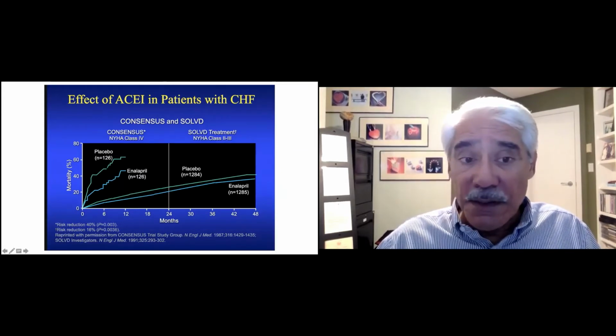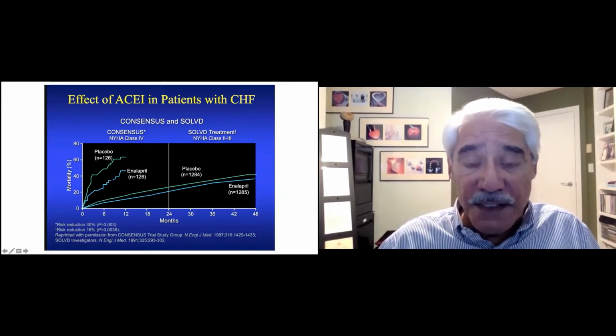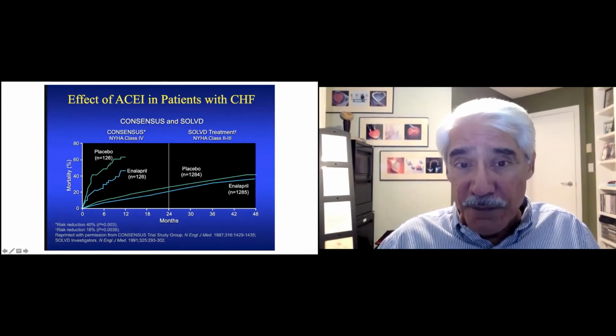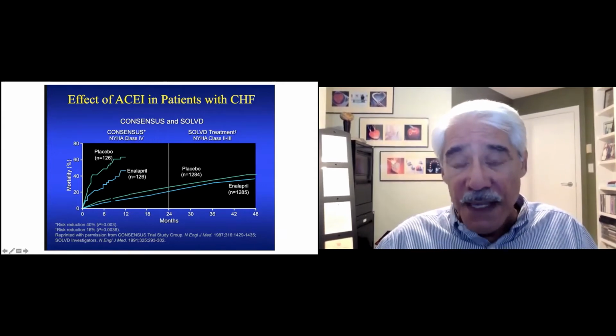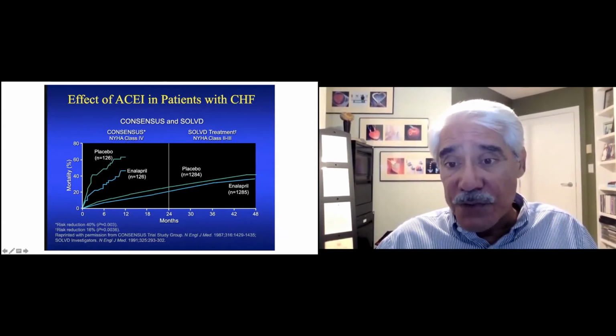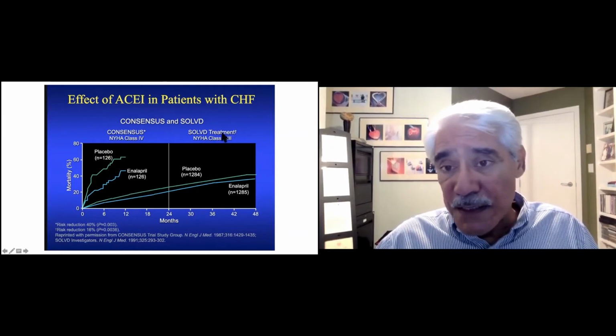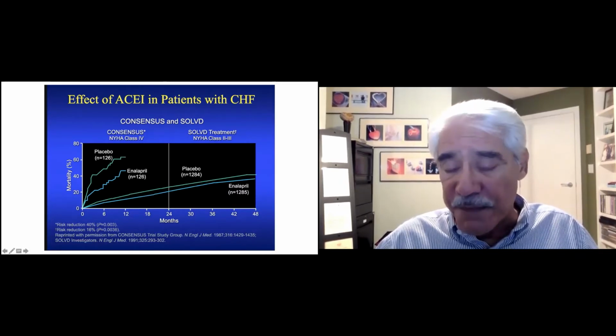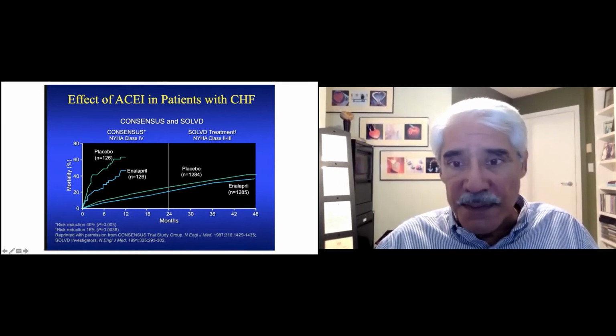There was over a 40% reduction in mortality within 6 months of using an ACE inhibitor in class 4 heart failure patients. And the SOLVD trial, which used enalapril, was using it in less sick heart failure patients, and clearly showed a mortality benefit with the use of ACE inhibitors.